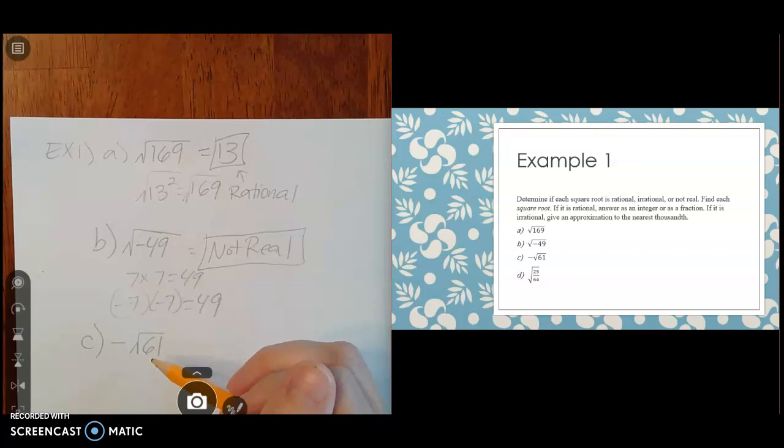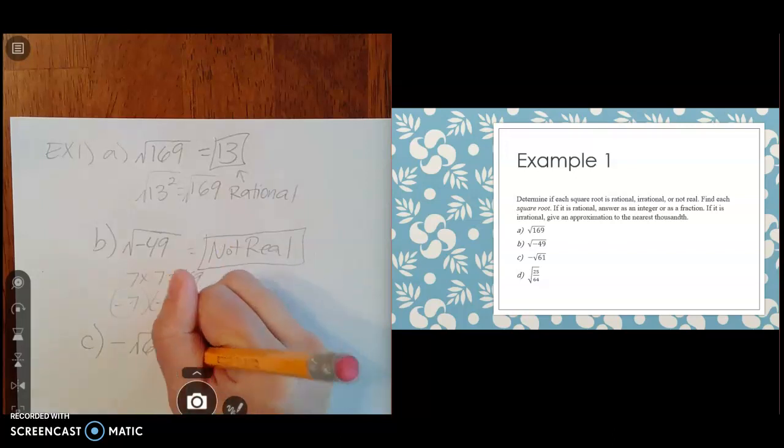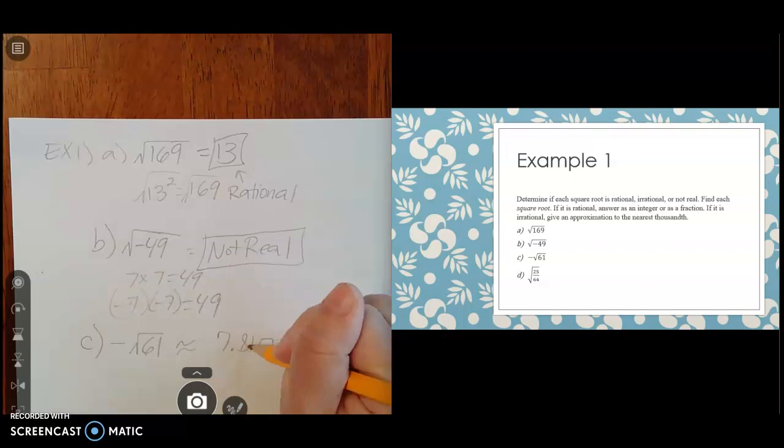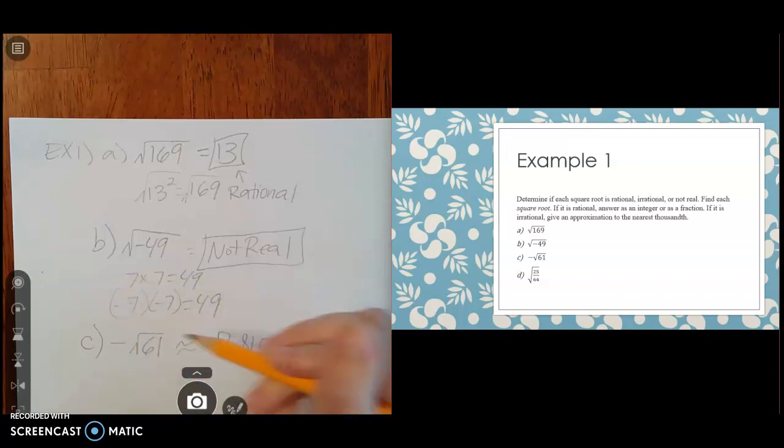So if you type it into your calculator, you just put in the square root of 61. You're going to get about 7.810. I'm doing 3 decimal places because it did say to round to the nearest thousandth place, and that's 3 decimal places. With that negative, it just means that our answer is negative because that's out front. So our answer will be negative as well.